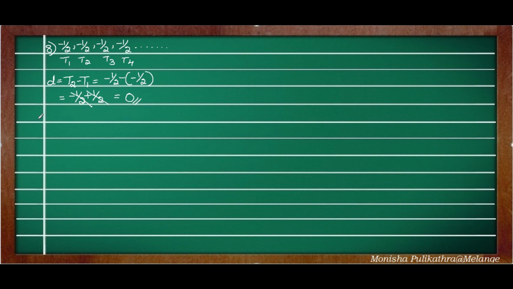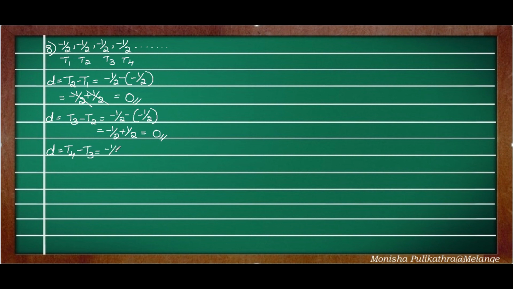Moving on to the next common difference, that is T3 minus T2. T3 is minus 1 by 2, again minus of minus 1 by 2. So it becomes minus 1 by 2 plus 1 by 2, which is 0. Next, the common difference T4 minus T3.